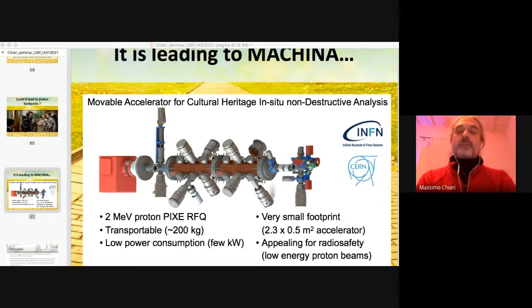The problem is the throughput, because typically the measurements can last 1 hour, even more, with detection limits that are in some cases worse than what can be obtained by PIXE. Our PIXE setup is especially designed to have, I'm not boasting, but it is indeed the only one in the world that can reach such levels in terms of detection limits and speed of the analysis for aerosols, okay?